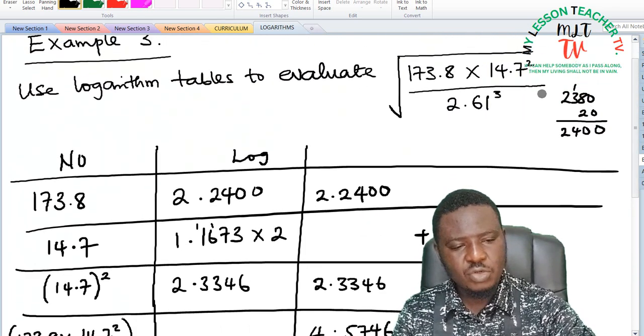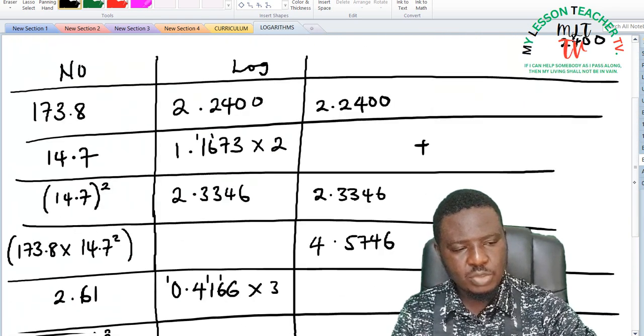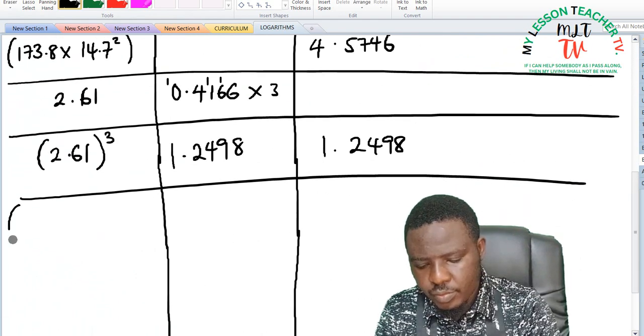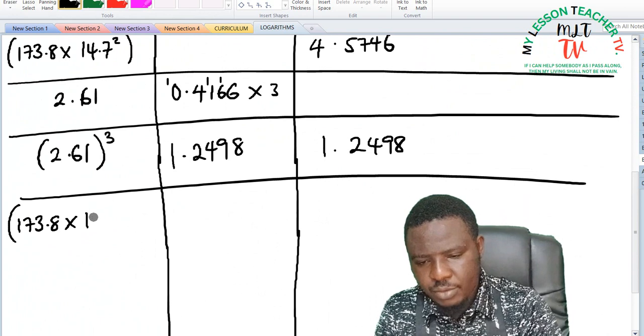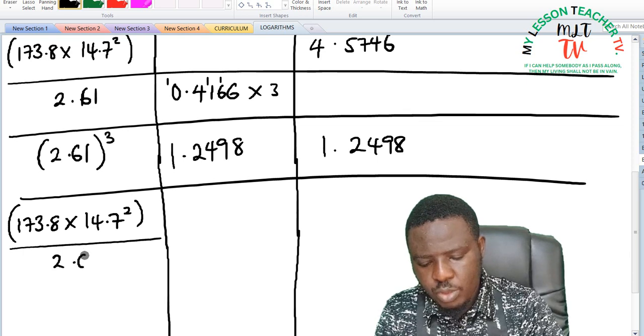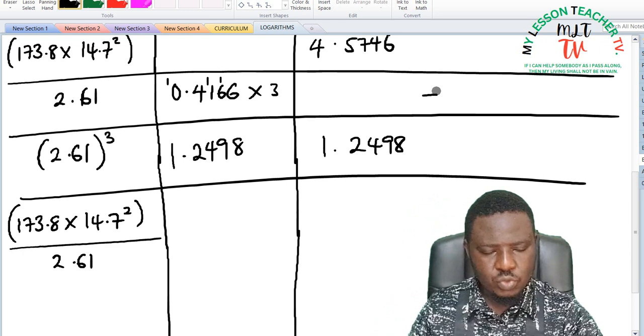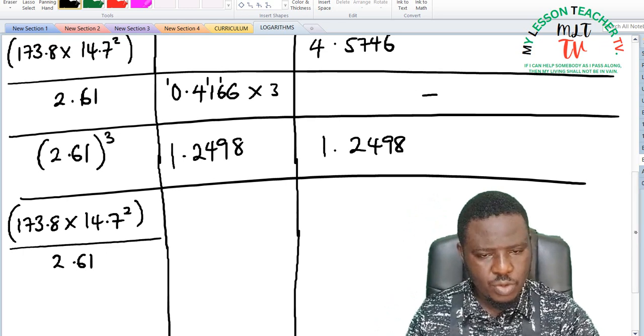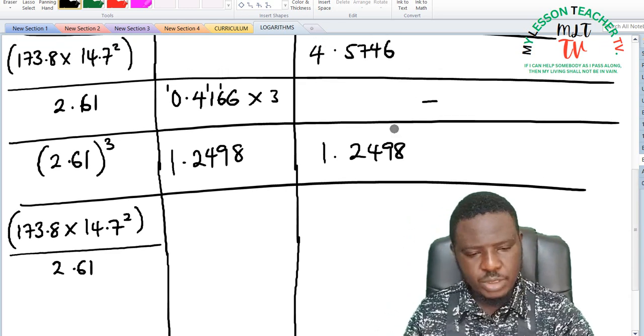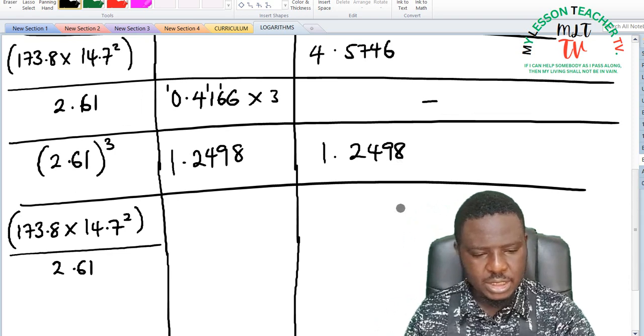I'll then divide the numerator by the denominator. This is going to be 173.8 times 14.7 squared all divided by 2.61 cubed, which is going to be the difference between these two. So this is 6 minus 8.